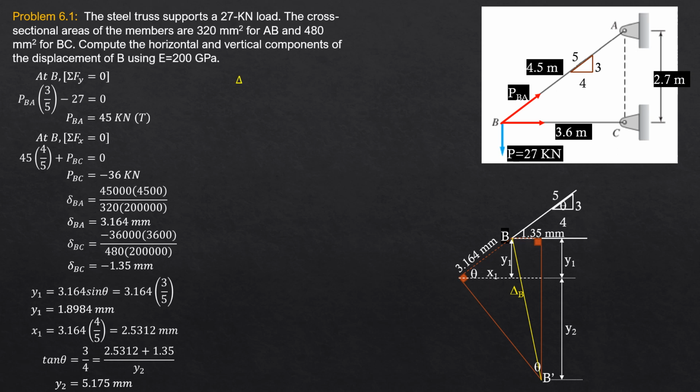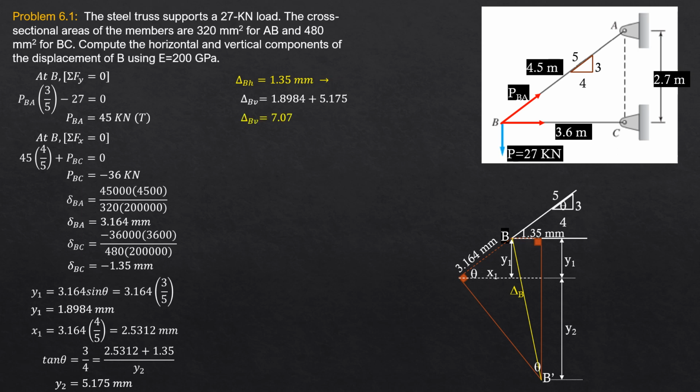So finally, the horizontal component of displacement at B is 1.35 mm rightward, and the vertical component is downward, y1 plus y2. So 1.8984 for y1 plus 5.175 for y2.